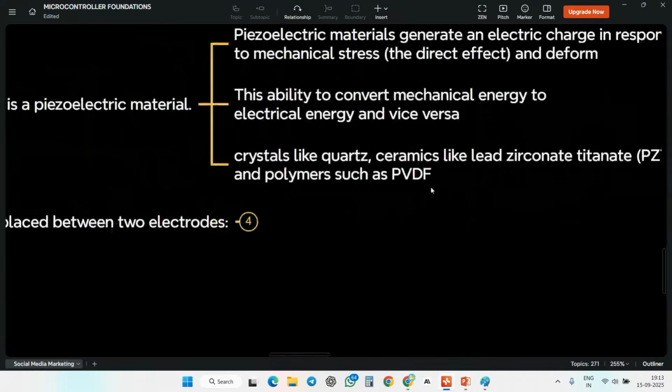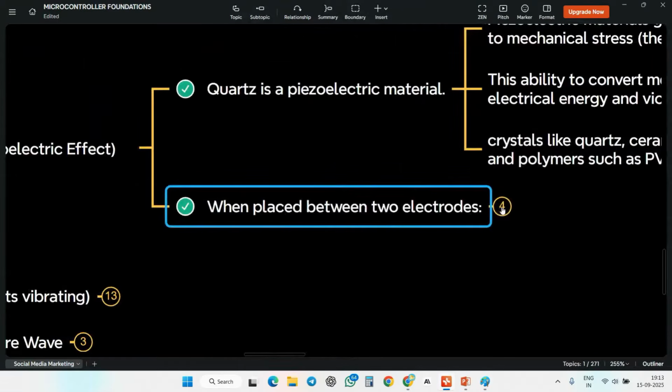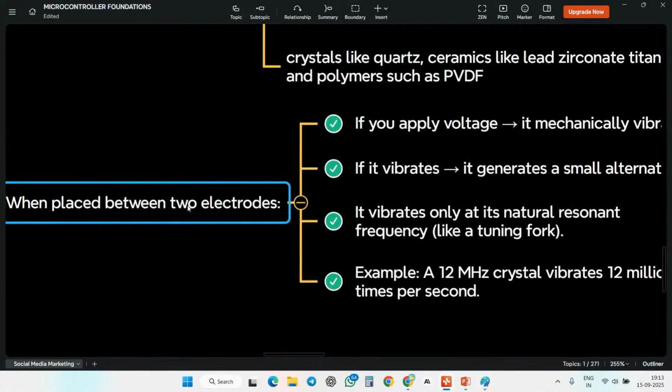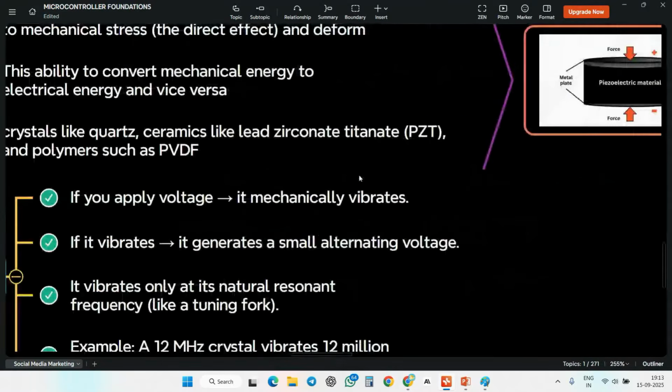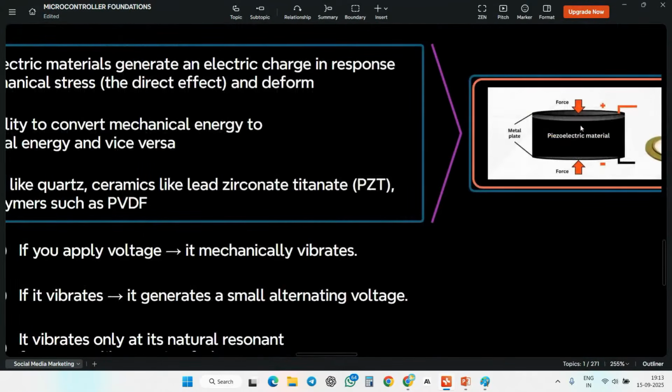Now we will clearly discuss this. Two electrodes are placed above this material, the crystal. An electrode is anything that conducts electricity, like metal plates.